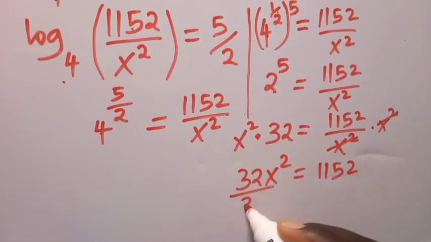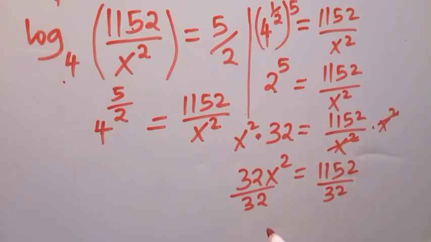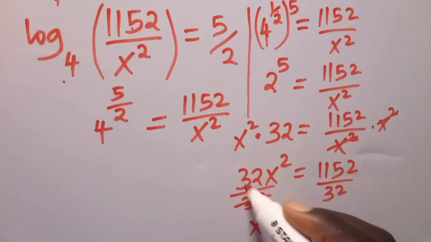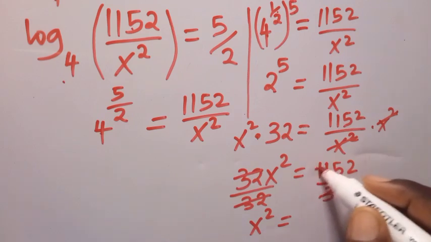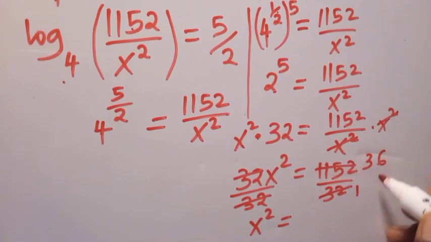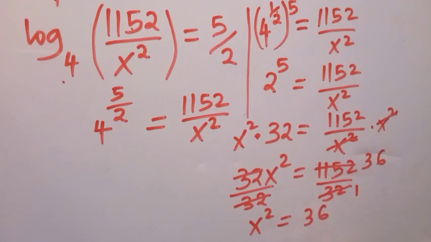And if I divide by 32 on both sides, then I will have x squared equals to this one and this one cancels, and therefore 1152 divided by 32 is 36, and therefore x squared equals to 36.